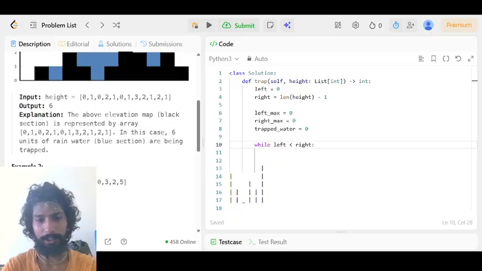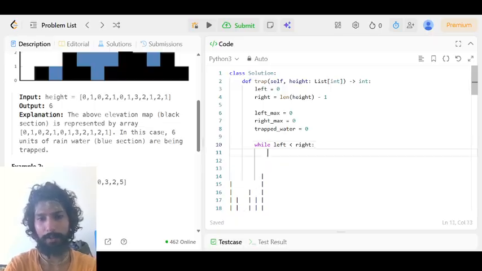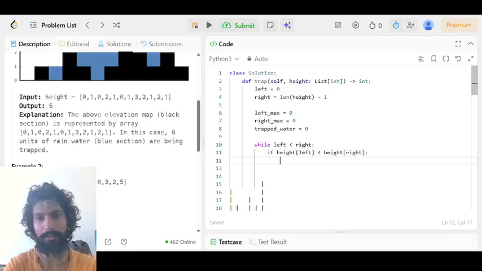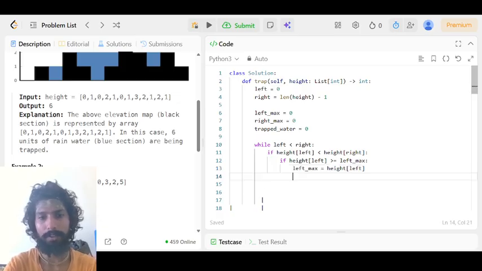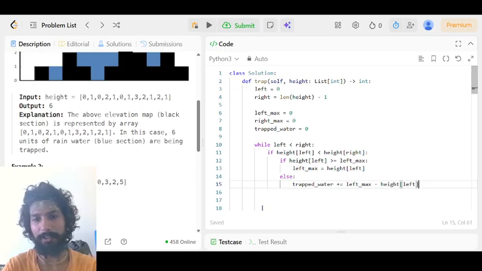Then we check if my height left is smaller or height right is smaller. Then we check if height left is smaller than height right. Then we check if height left is greater than or equal to left max. If it is, then we update the left max and continue. Else, we update the trapped water.